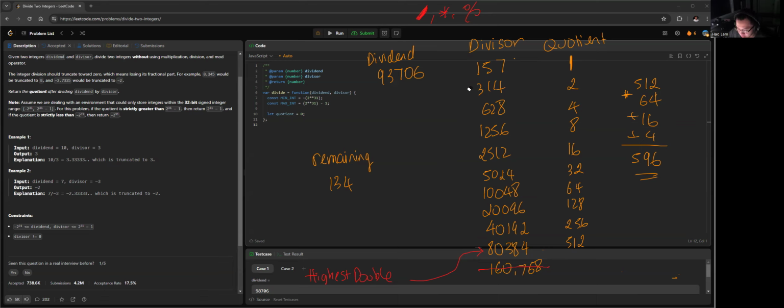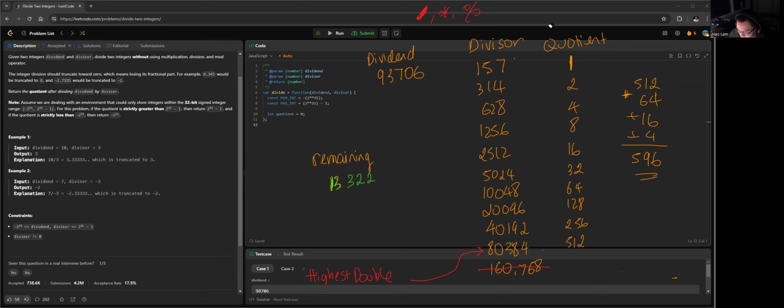For example, our first remaining, if you recall, is going to be 13,322. It is our new remaining, like a new dividend, if you want to think about it that way.